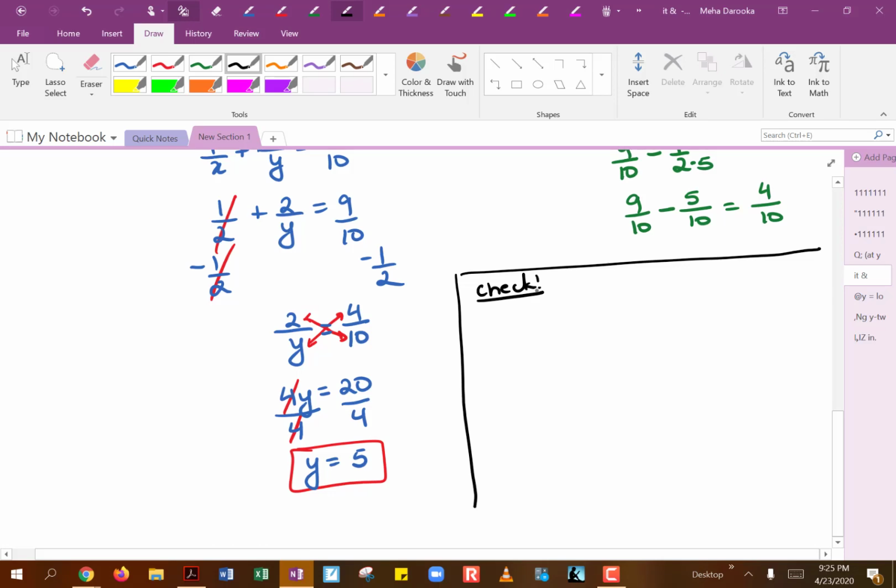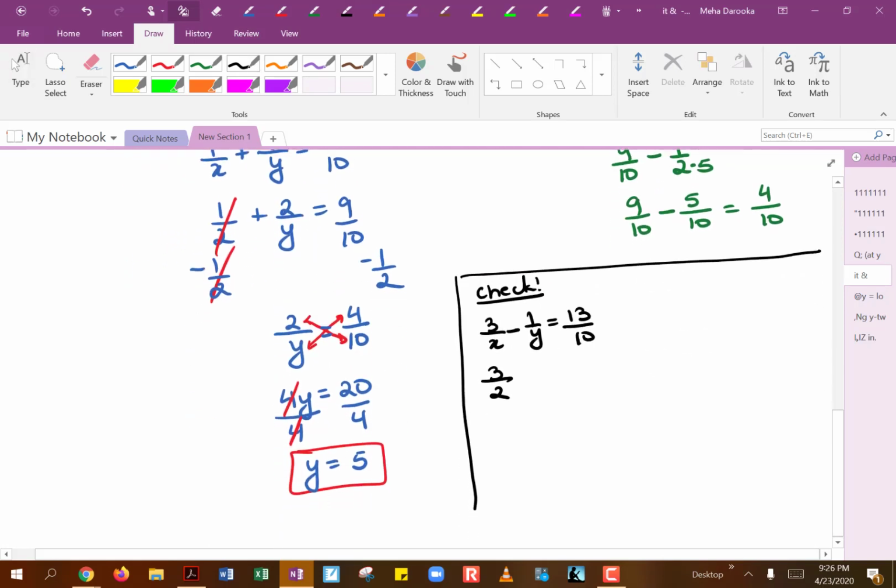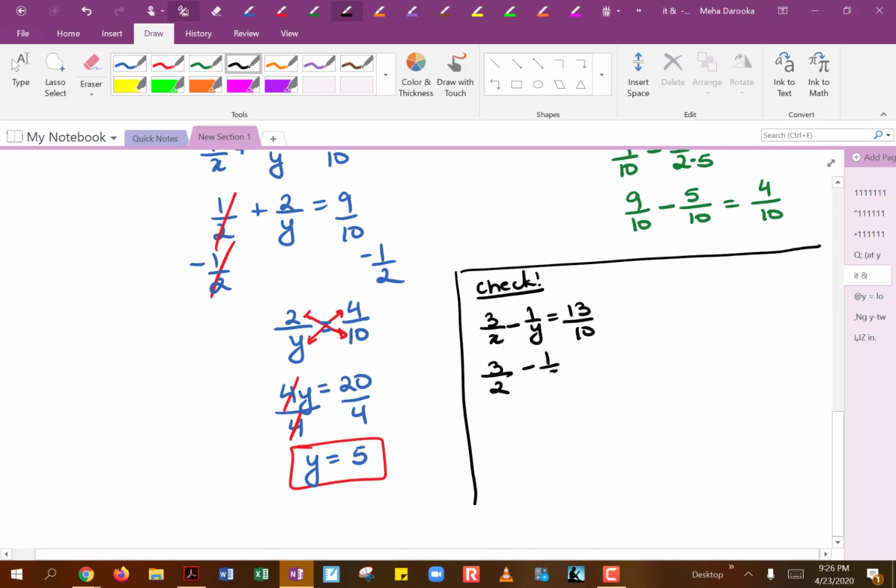So if we check in the original equations, 3 over x minus 1 over y equals 13 over 10. This will be 3 over 2 minus 1 over 5 equals 13 over 10.